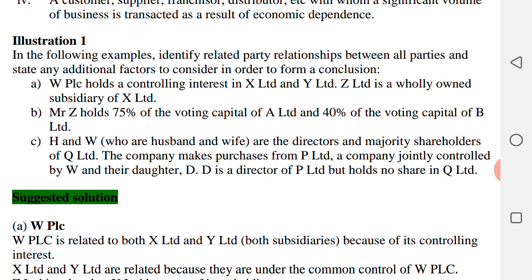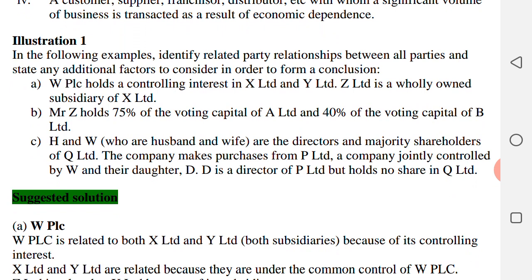So H and W are related to Q. The company makes purchases from P Limited, a company jointly controlled by W and their daughter D. D is a director of P Limited but owns no shares in Q Limited. But remember that D is possibly a related party to Q Limited because of the family relationship.